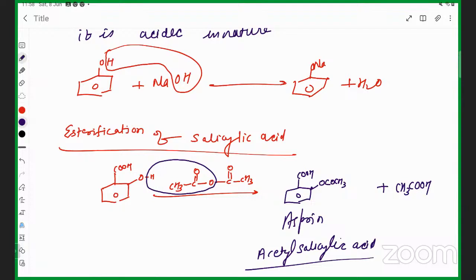So reaction due to OH bond is over. Now we have to study the electrophilic substitution reaction. Done. Writing.